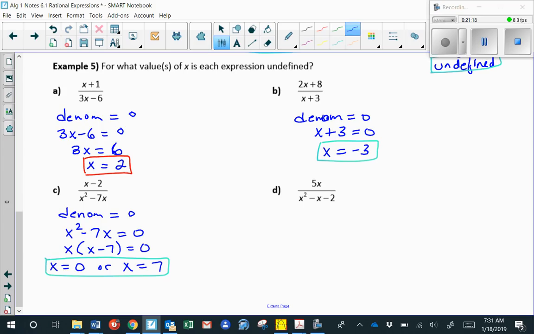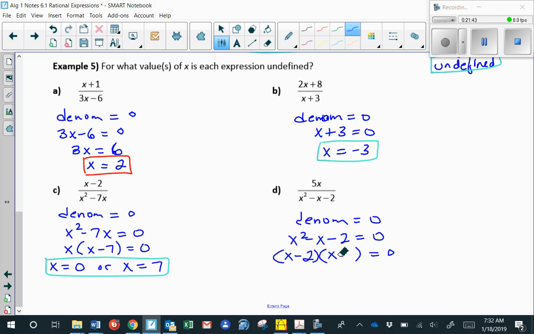In example 5D, we can again set our denominator equal to 0 to find where the fraction is undefined. And then solve by factoring. And this is one of our shortcut factorings. And we're looking for factors of negative 2 that add up to negative 1.